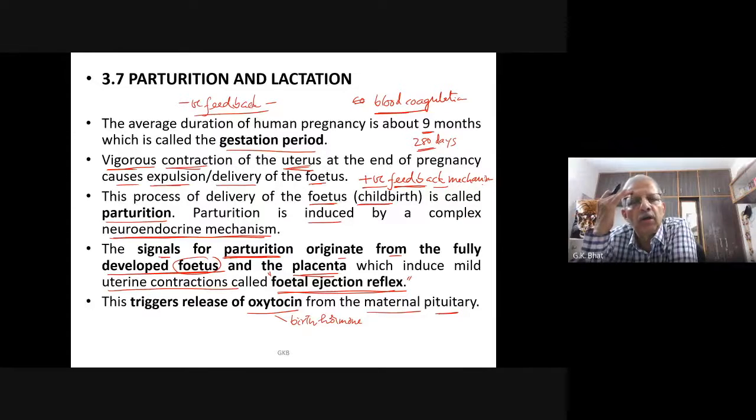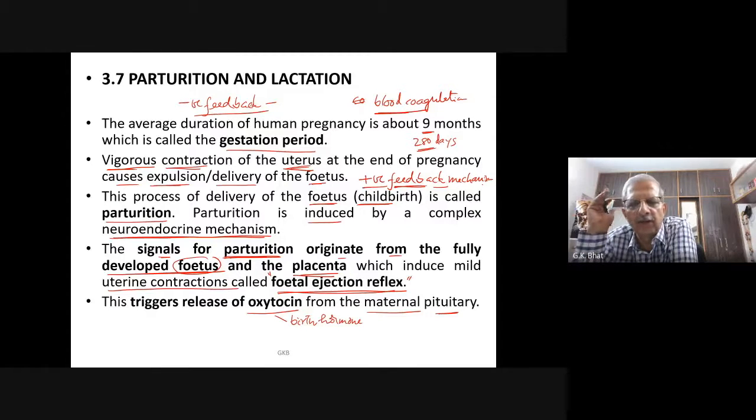So when there is a raise in the sugar level in the blood, there will be secretion of the insulin. When the insulin is secreted, blood sugar level comes down. That is an example for negative feedback mechanism. When one raises, the other one comes down. And this is not only that. When the head fixes the cervical region, this sends the signal.